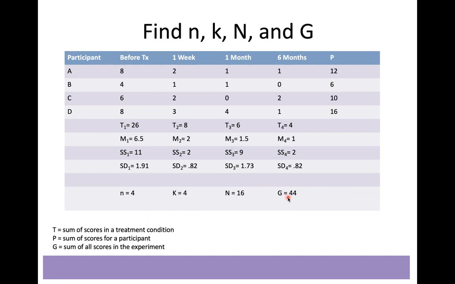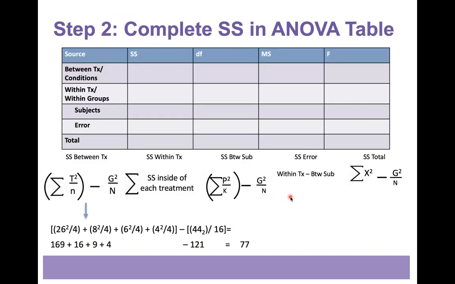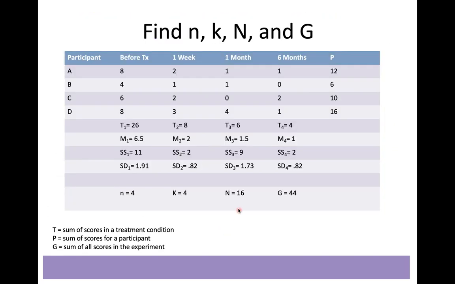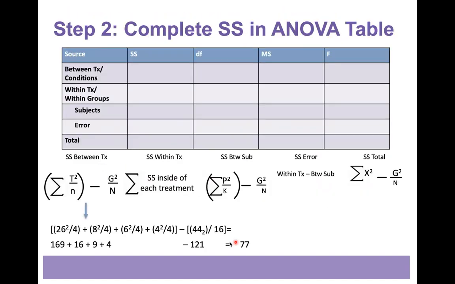So we've already calculated G. So we just square G, so 44 squared, divide by big N, which we already found was 16, the total number of data points. So 44 squared divided by 16 gives us 121.